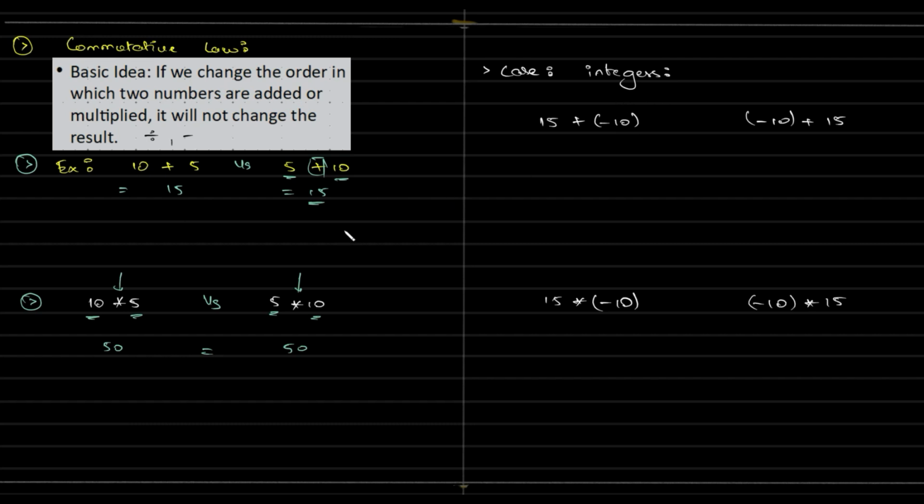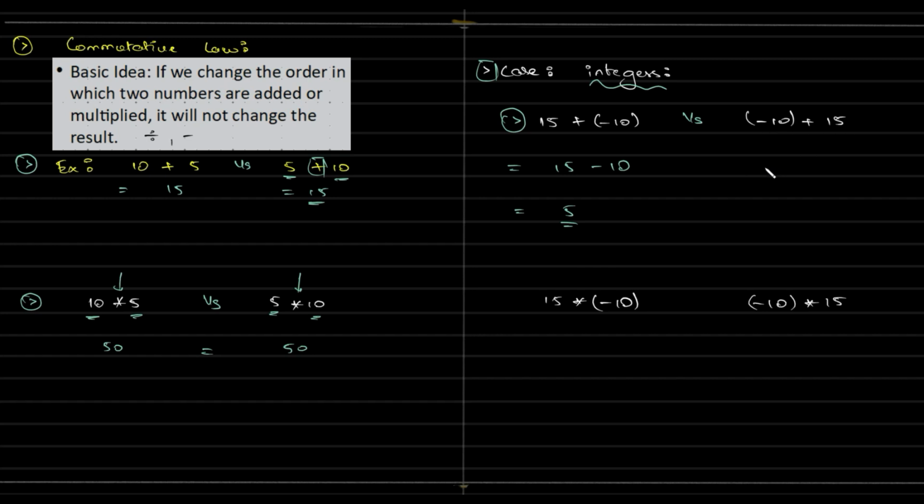These were all natural numbers, right? 10, 5, they were natural numbers. So does it hold for integers as well? Well, let's look at that. We have 15 plus negative 10 versus negative 10 plus 15. So we know this, right? 15 positive of negative 10 is negative 10 and the difference here is 5.